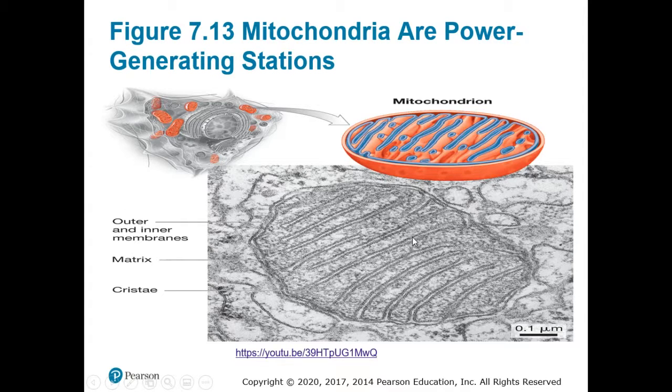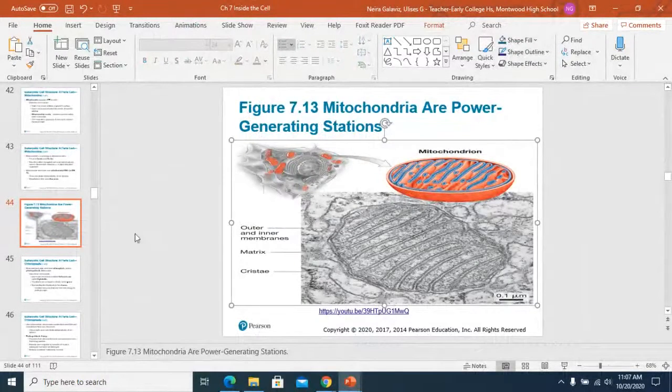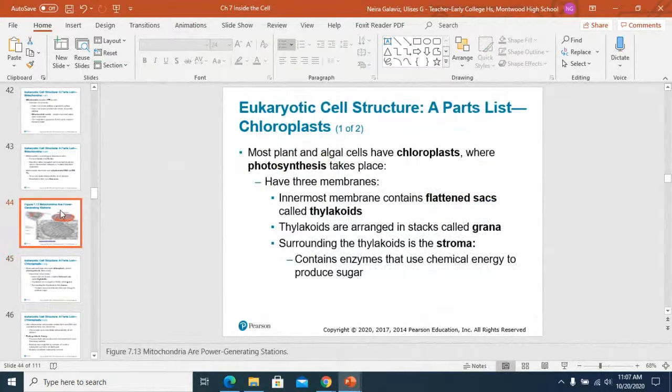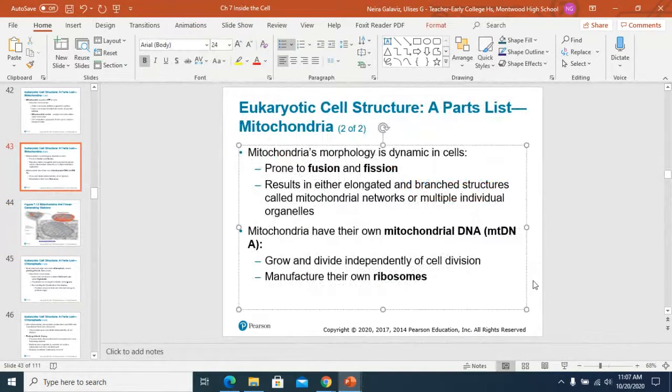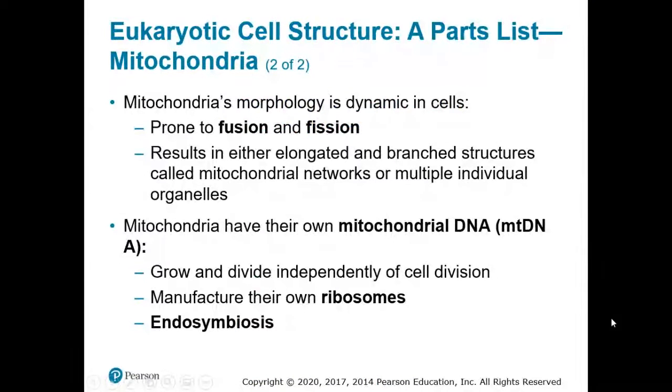There was this event called endosymbiosis that allowed for mitochondria to become part of prokaryotic cells, ultimately interacting with them positively to make the eukaryotic cell as we know it nowadays.